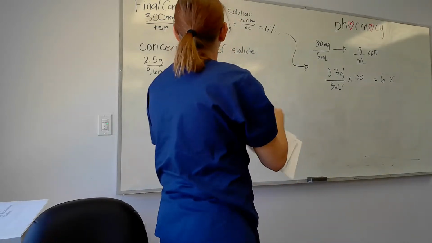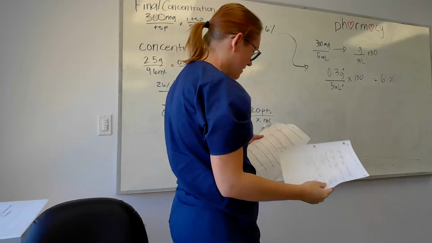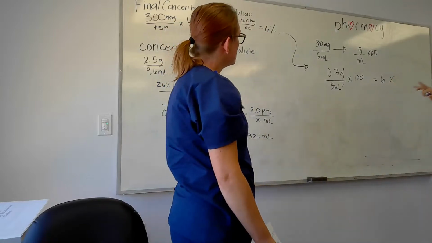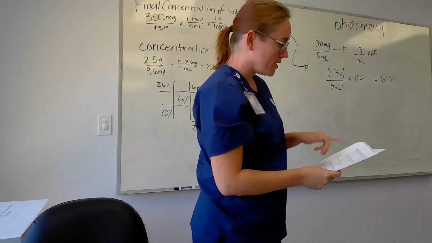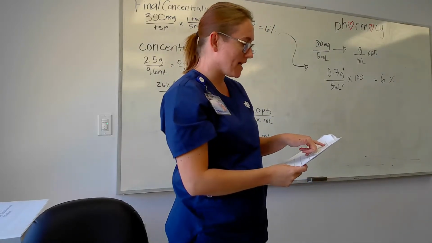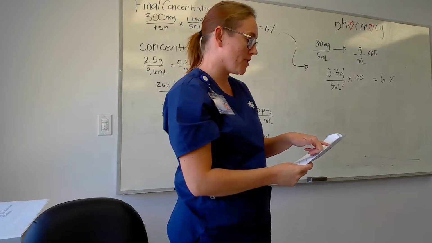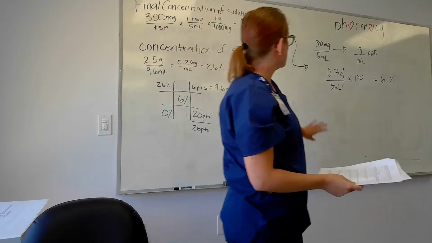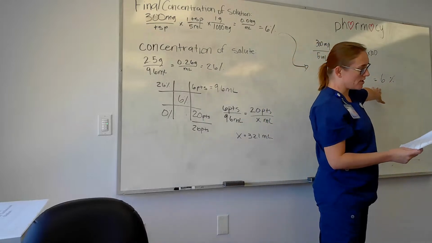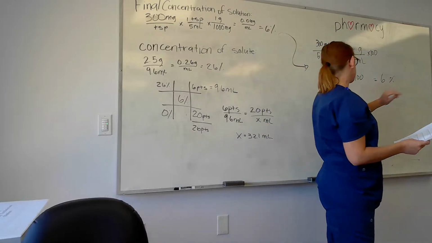Okay. You want me to explain what I did? Okay. So the problem tells us that the concentration of the reconstituted medication is 300 milligrams per teaspoon. So we converted this to a 6% concentration. That is our goal, 6%.